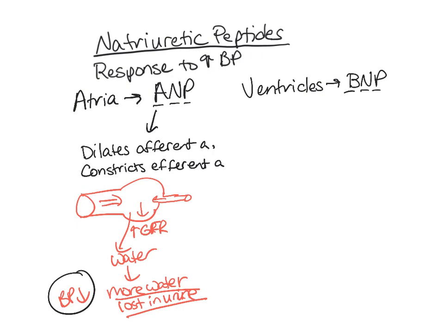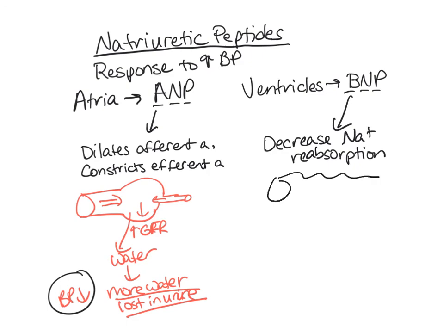Now the ventricles, they release BNP. When BNP gets released, it does the same thing, but it does it in a different way. BNP will decrease sodium reabsorption at the renal tubules.